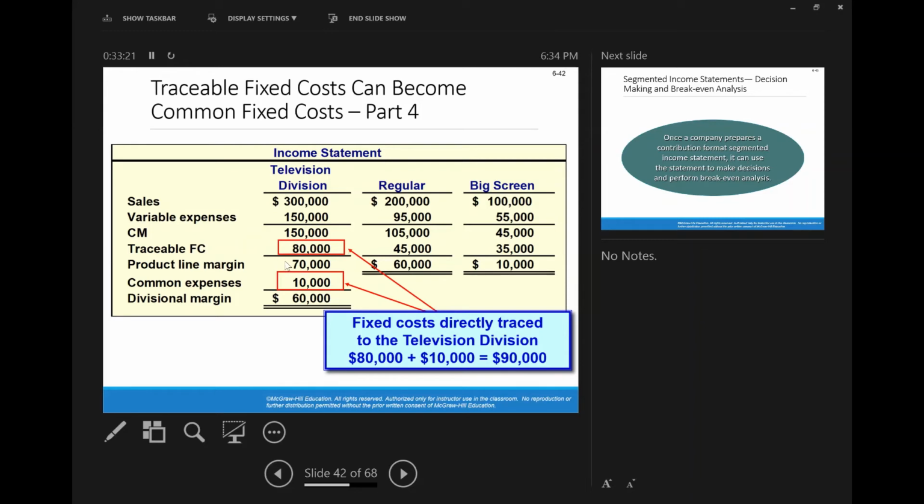So instead of having 70,000 as our net operating income, we have to deduct that. Now our division margin is 60,000, and we might have some more fixed expenses related to other parts that you can't trace to the television department, which means this potentially could go down even more.